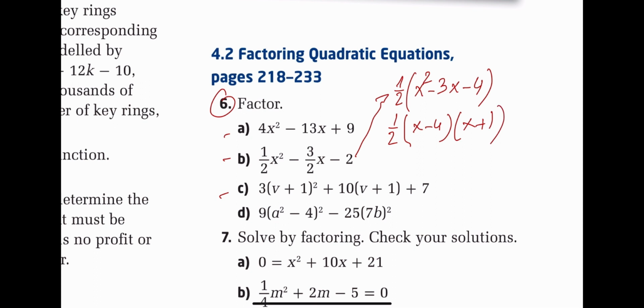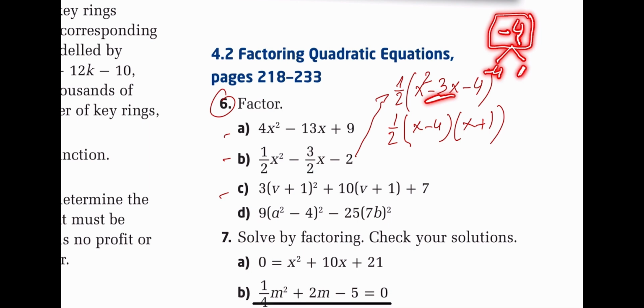Very, very easy. So I will repeat again how you do that. You multiply the value in front of x squared by the last number, so minus 4. You need to find two numbers that multiply to minus 4 and add to minus 3.